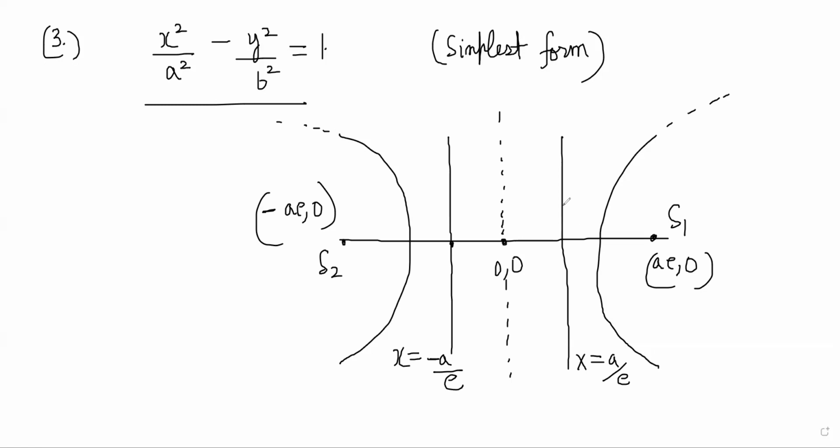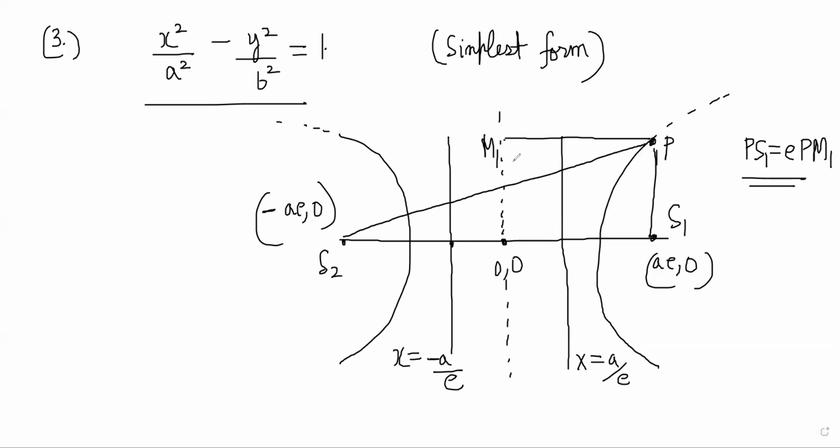So this is the general hyperbola equation. P is a variable point here. So you have PS1 is equal to E times PM1. So this is your PM1 and this is your PS1. So we can write PS1 is equal to E times PM1. And similarly, for the same point P, you can say that PS2 is equal to E times PM2.